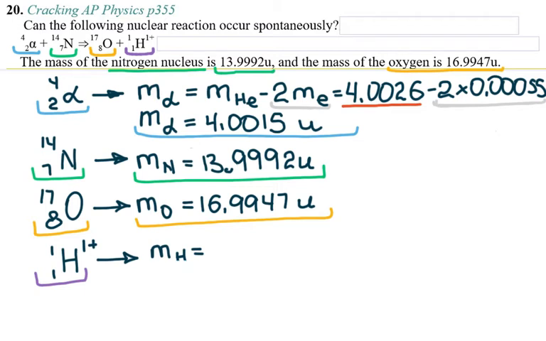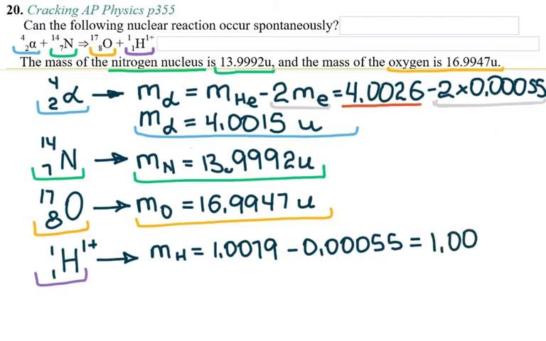In the periodic table it would be 1.0079 minus the mass of 1 electron, which is 0.000549. I'm just going to round it here, and I get 1.00735 AMU. So that is the mass of the hydrogen ion.